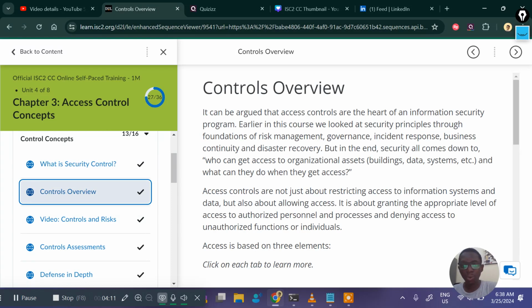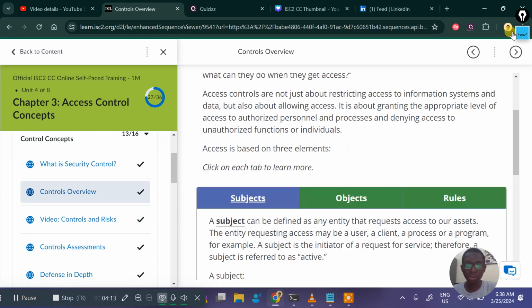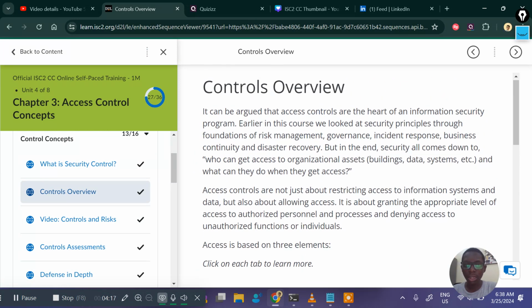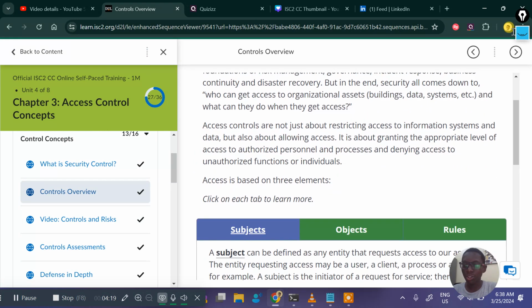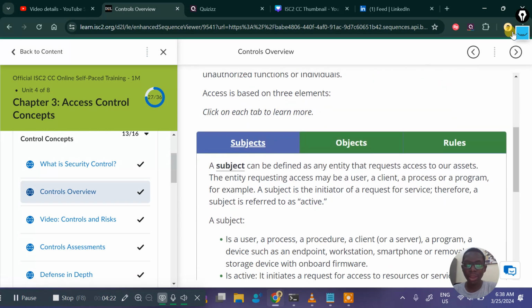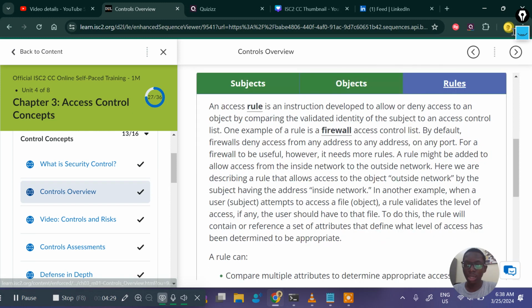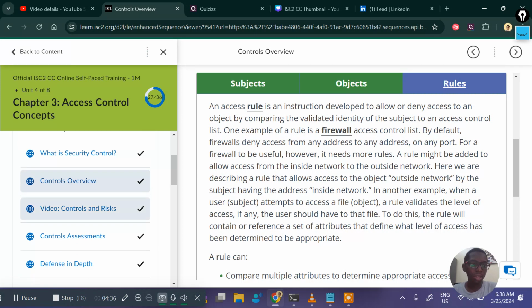So we are moving into the controls overview to check what's on it. And there we have the three elements which I just mentioned. We have the subject, and we have some things in there. We have the object, which also has some things in there. And we have the bunch of rules, which is just a bunch of instructions to control how they communicate.